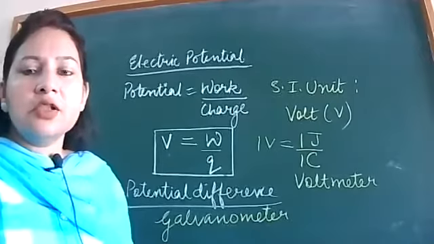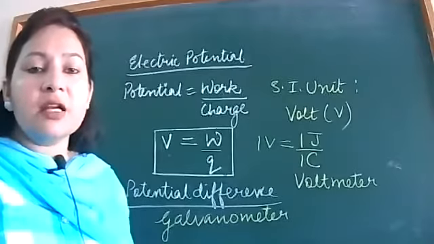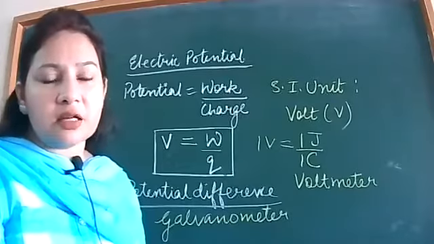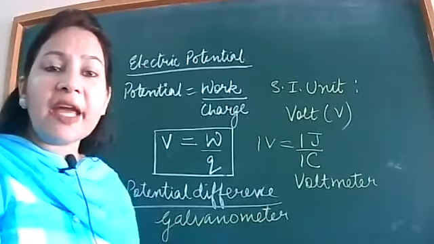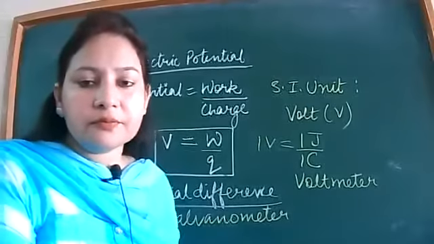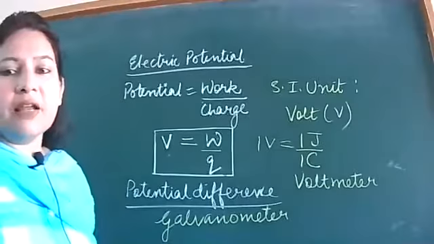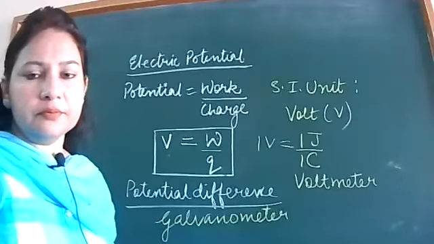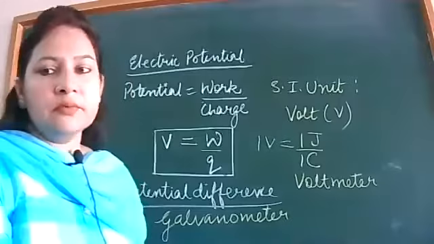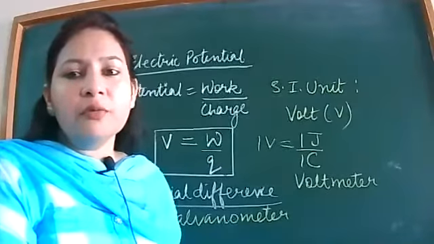All right, write down: a galvanometer is a device used to detect the presence of current in a circuit. That is called a galvanometer.